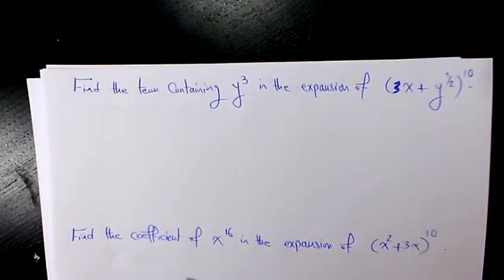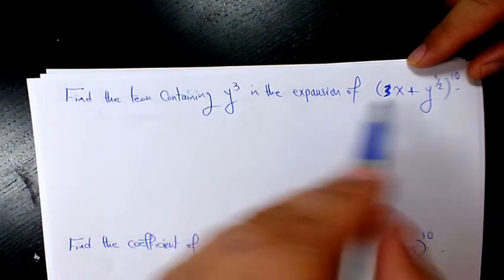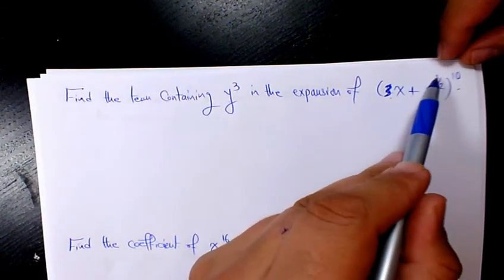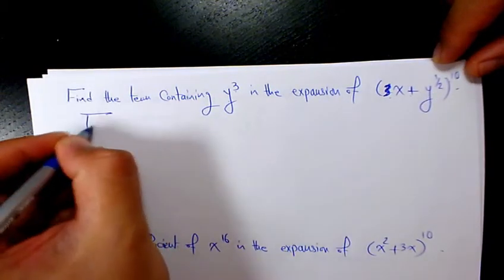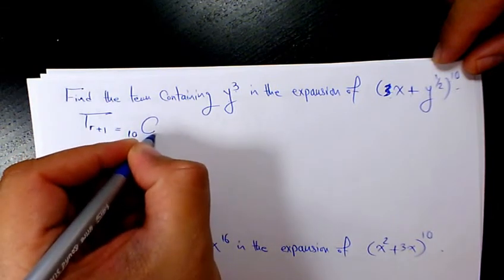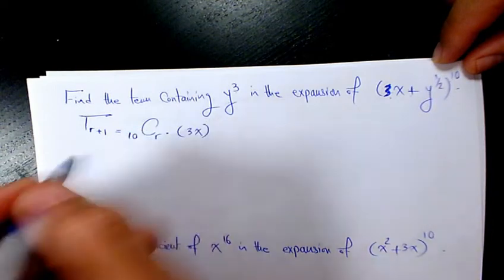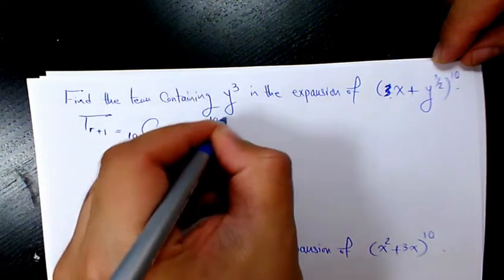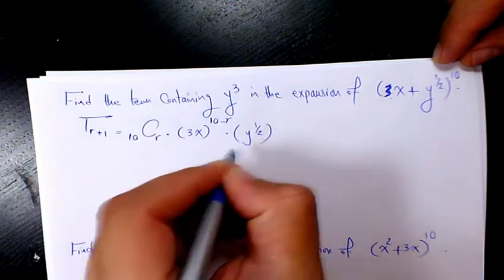Next example, it says find the term containing y to the power of 3 in the expansion of (3x plus y to the power of 1 over 2) to the power of 10. So T(r+1) equals 10 Cr, 3x to the power of 10 minus r, times y to the power of 1 over 2, to the power of r.